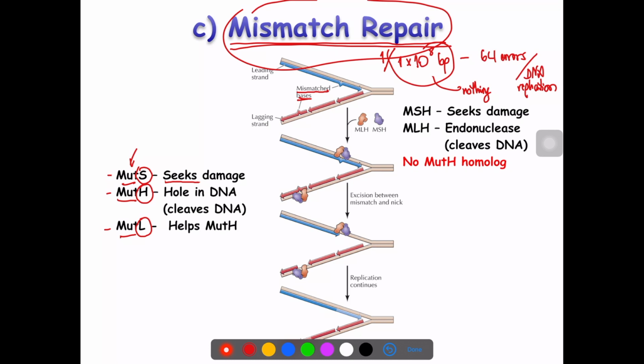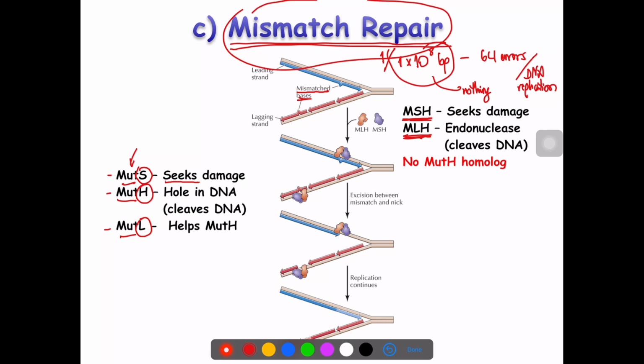Now, in humans, what we know is that there are 2 homologs of the enzymes that are present in E. coli. So in E. coli, you have 3 different enzymes. In humans, only 2 have been identified, and they are homologs to specific components of the machinery found in E. coli.